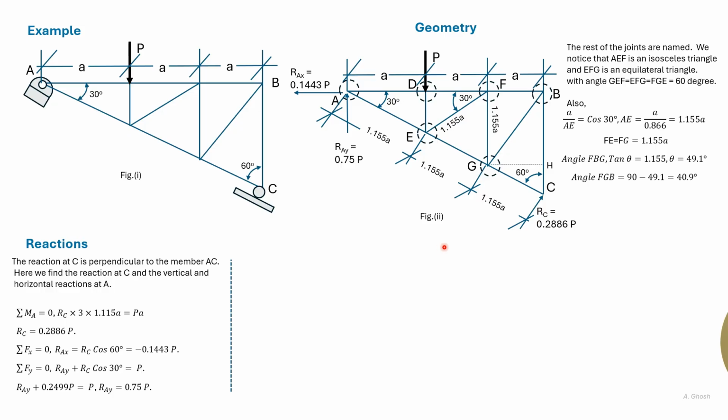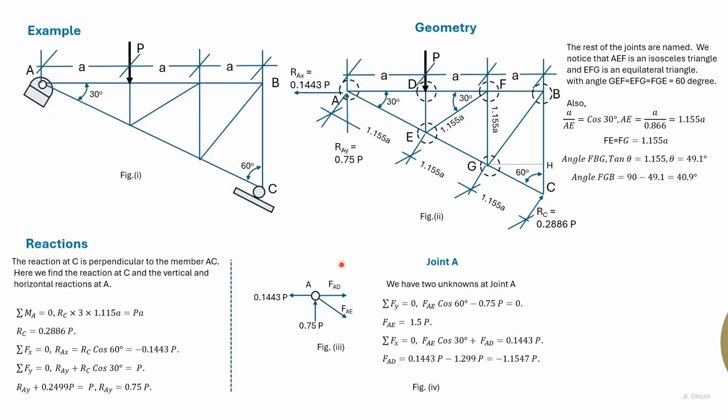So with the reactions found out, we now look at the joints. So we start with looking at the joint A. Now the forces acting on joint A are FAE and FAD, shown here. So solving forces in the vertical direction, we see that FAE cos 60 is equal to RAY, from which we can get FAE.